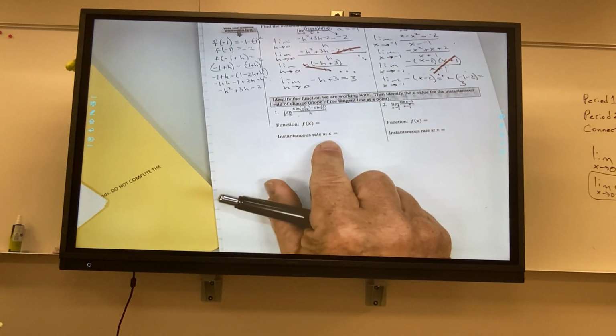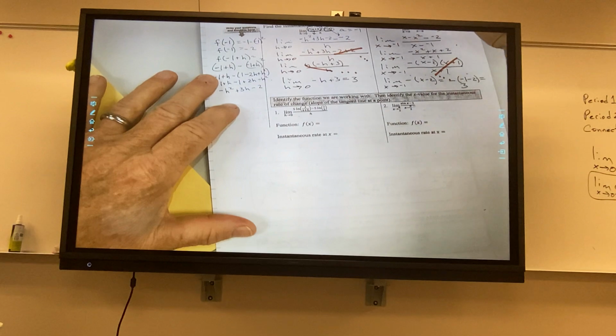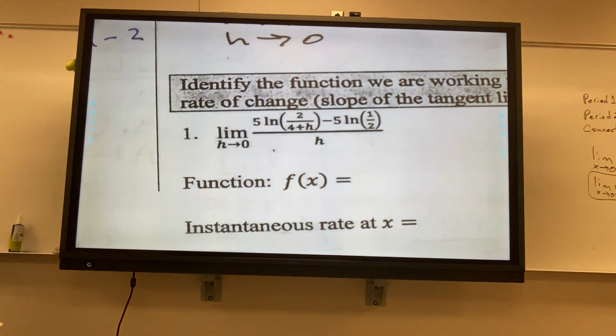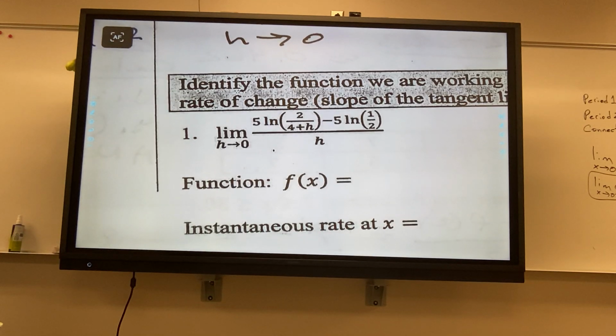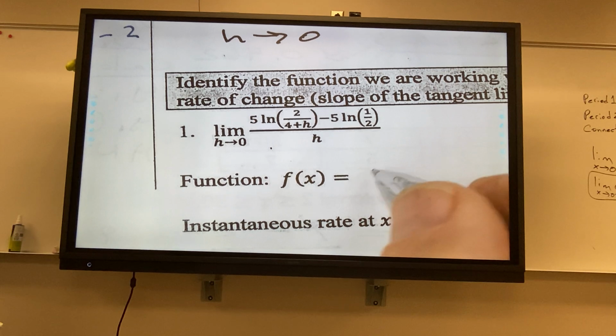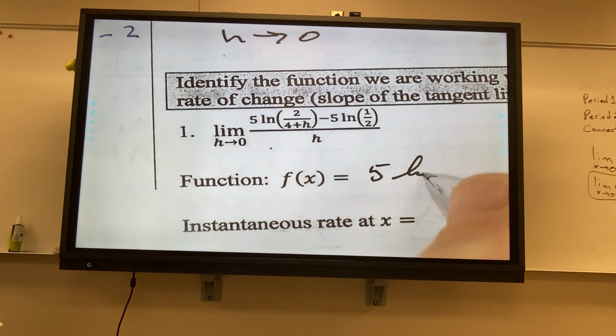Identify the function we are working with. What function are we working with on that problem? A polynomial? No, not a polynomial. What's the function we're working with? Logarithmic. 5 ln. And with what?